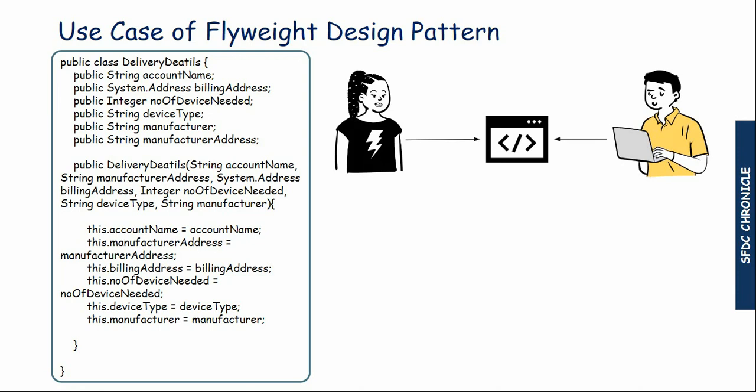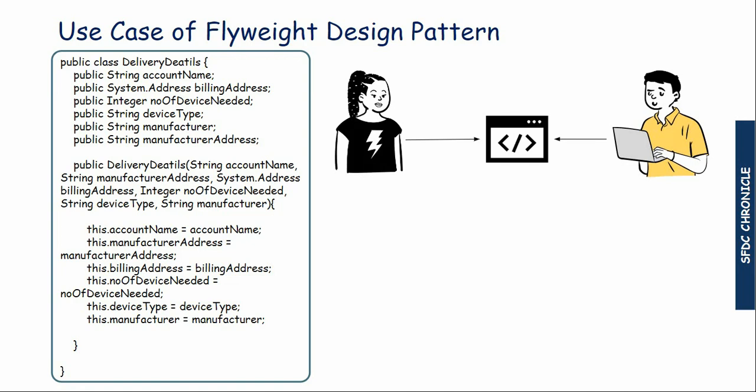Suppose we are ordering laptops, computers or tabs. That is our business. So we also need the device type, whether it is a laptop, a desktop, or a tab.